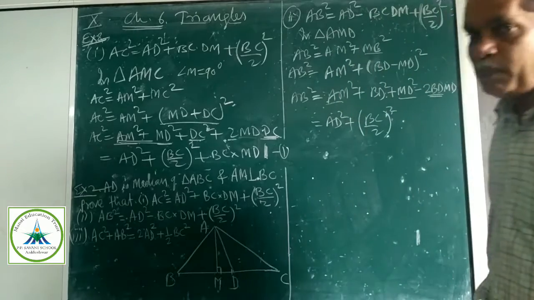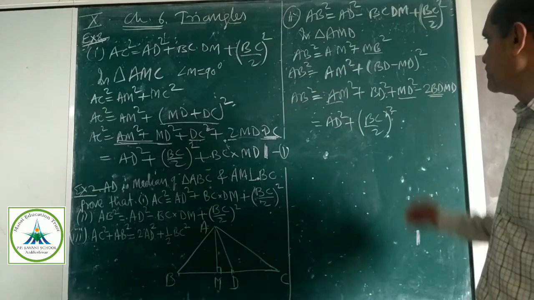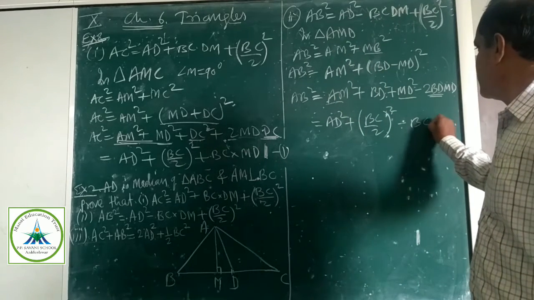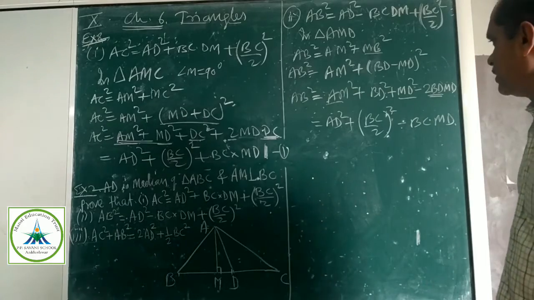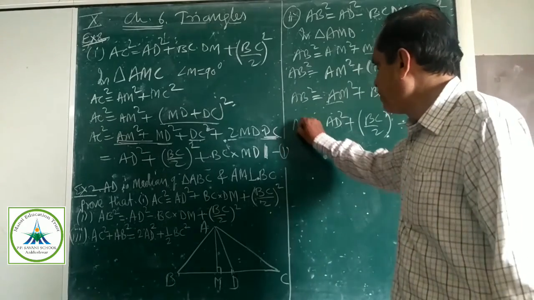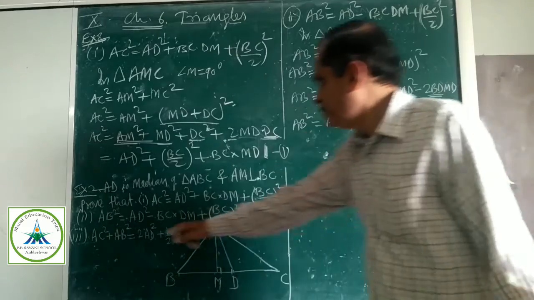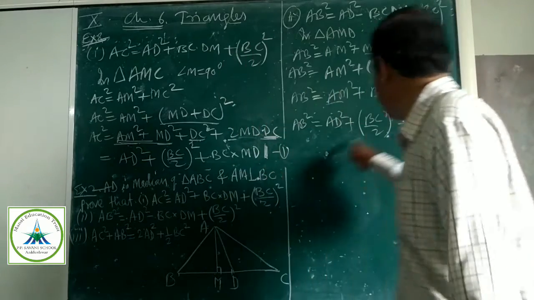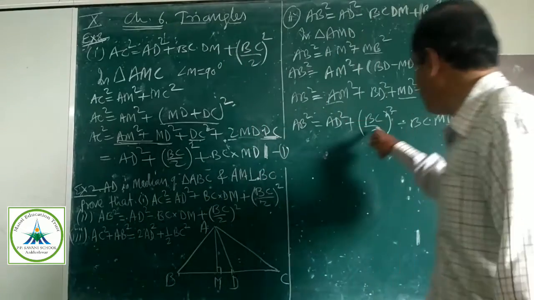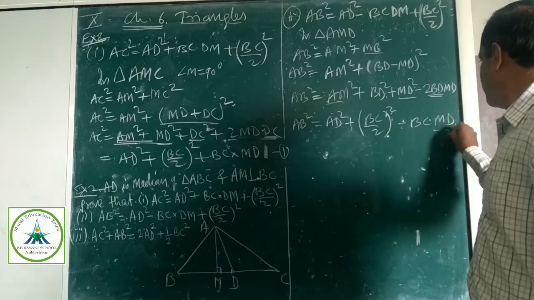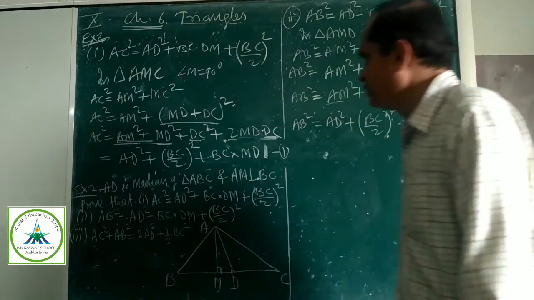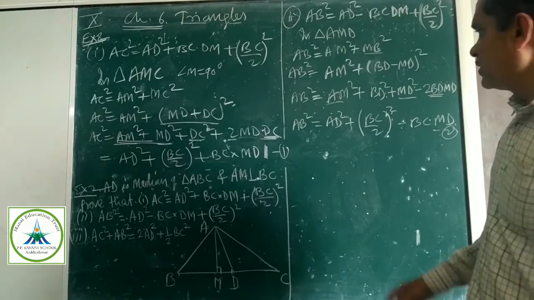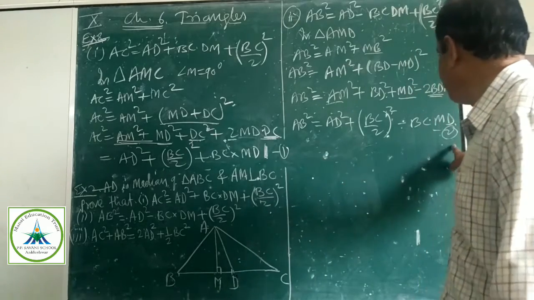BD is equal to half of BC, so 2 times BD equals BC, giving minus BC times MD. Now we got the second part: minus BC times DM plus (BC upon 2) whole square. Number 2. Now third is AC square plus AB square. So just see first and second.